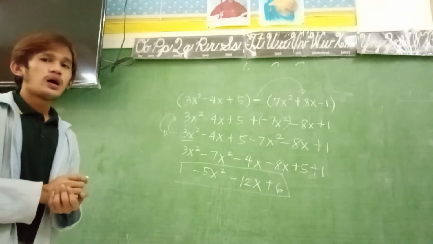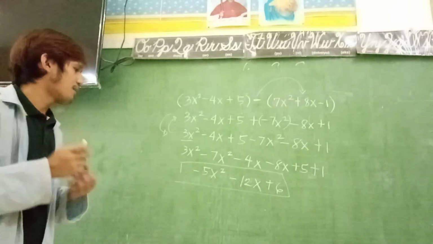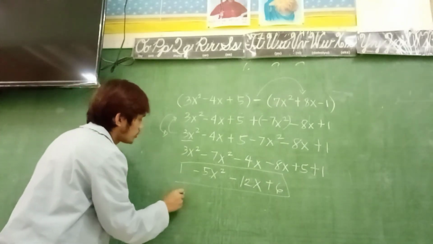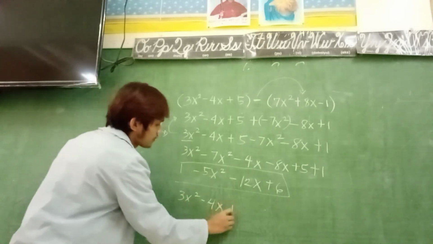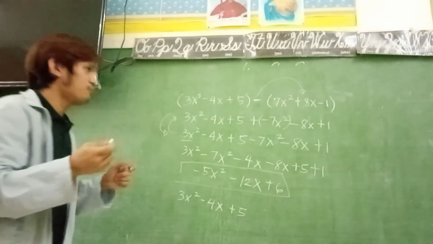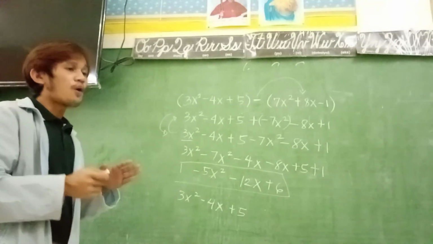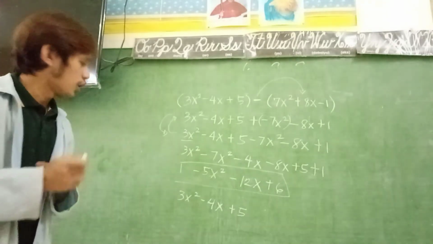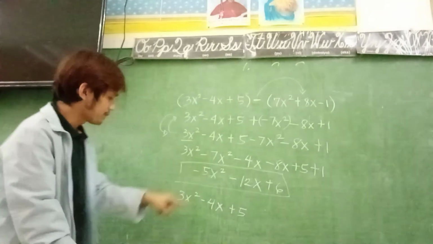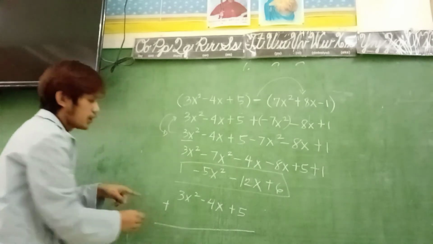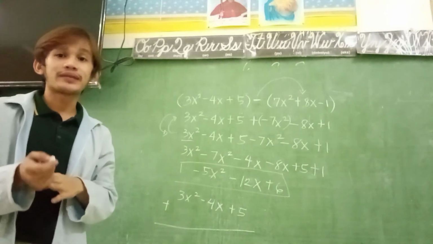So, how about naman dun sa vertical method on how you're going to do that? So, this is 3x squared minus 4x plus 5. So, ganun lang din po. So, the first thing that you need to do is to change the operation subtraction to addition. So, di ba siya is subtraction? So, magiging addition na siya. And then, you change all the sign of our subtrahend.